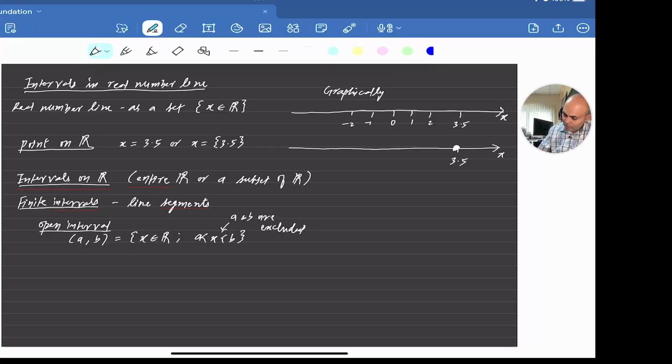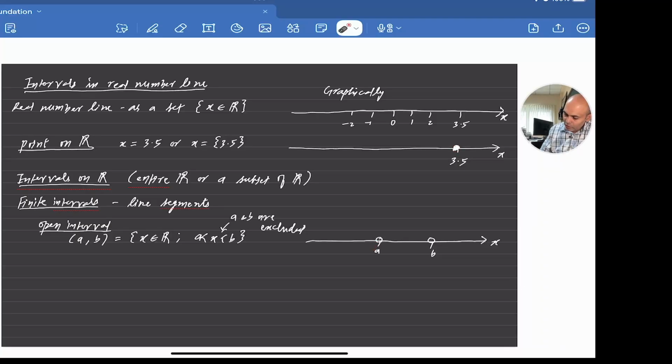So graphically, we can represent an open circle by drawing the real number line. And then at A and B, we draw an open circle. Here we drew a solid circle to include this point.